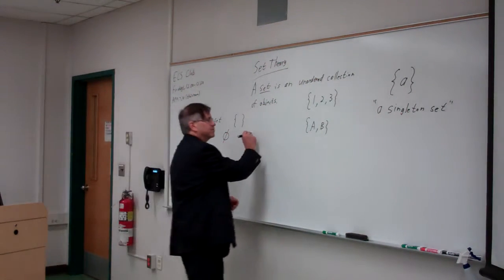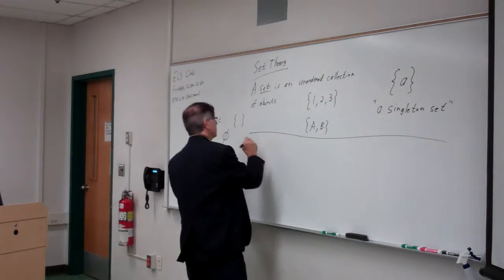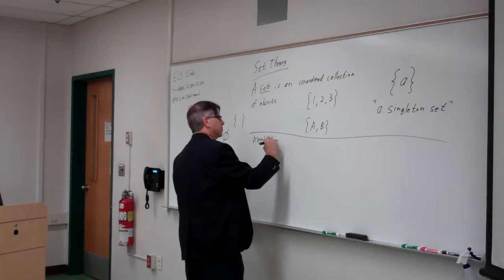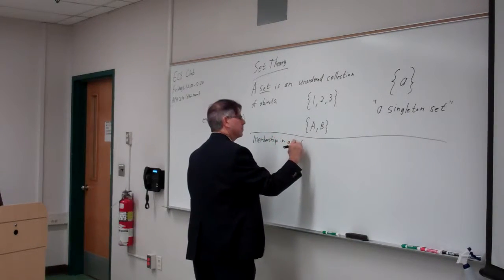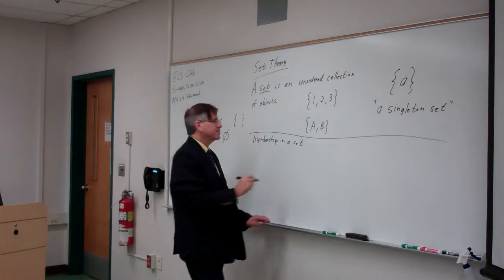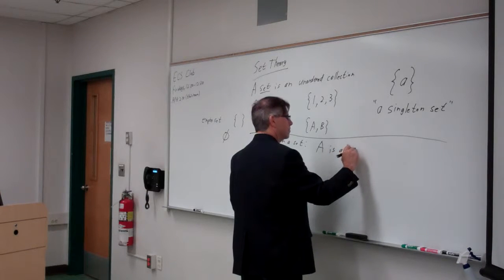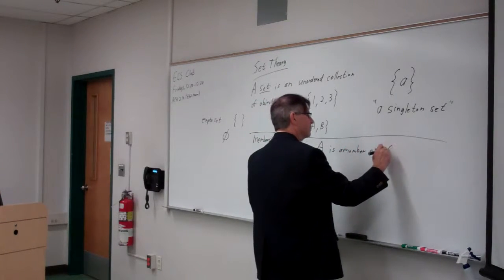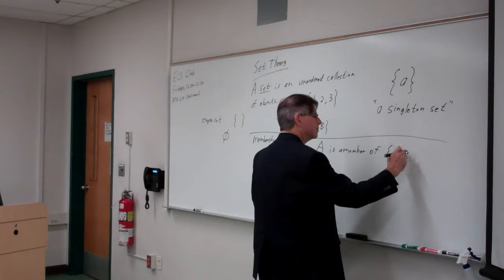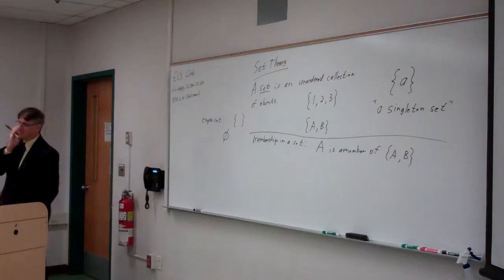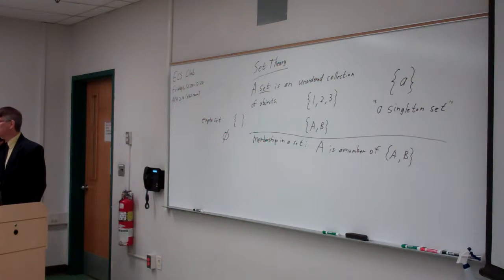And we can talk about membership in a set. For example, A is a member of this set. B is also a member of that set. X is not a member of that set. So to be a member of a set means you're one of the objects in that set.